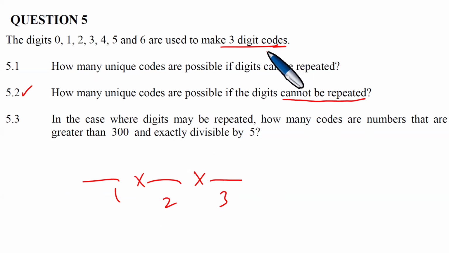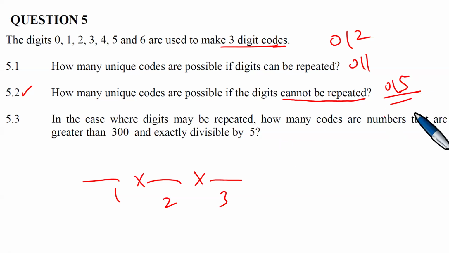Codes can start with 0, like the area code of a telephone. 012 for Pretoria, 011 Johannesburg, 015 Polokwane, something of that sort. 021 Cape Town, you name it. So as a consequence, codes can start with zeros.